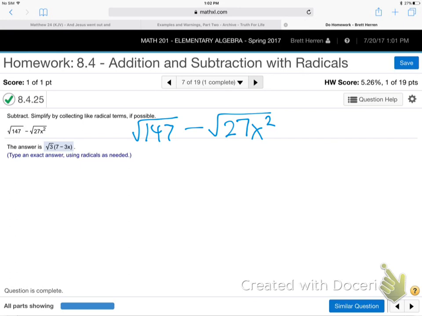Let's break those down. 147, I don't know what it divides by. 3, divides by 3.